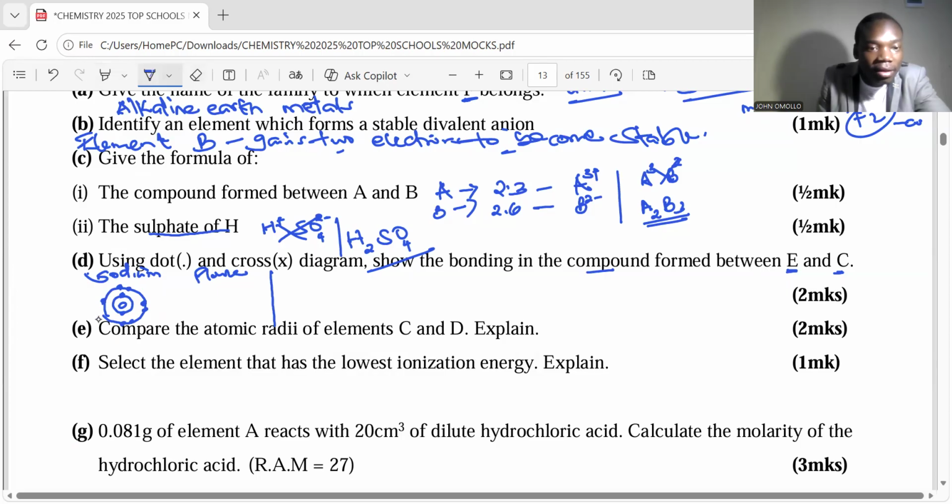So therefore it means that we have remained with 1, 10, 11. Because sodium is 2, 8, 1. So that is the sodium atom.